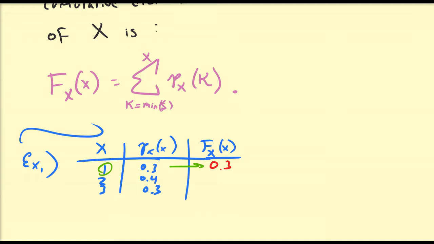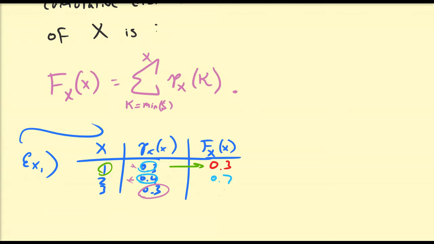So for x equal to 2, this is going to be equal to the sum of the probability at 1 and 2. So that's going to be 0.3 plus 0.4, which is equal to 0.7. And then for x equal to 3, we want to add up the probabilities at 3 and everything before it. So that's going to be 0.7 plus 0.3, which is 1.0.